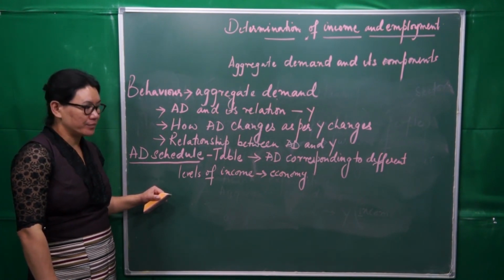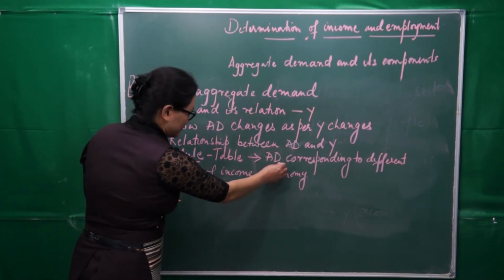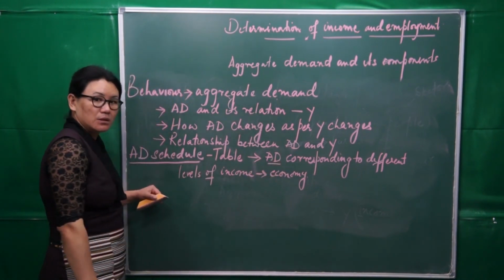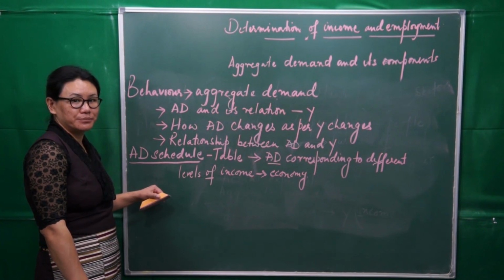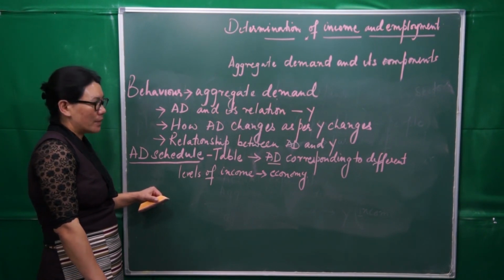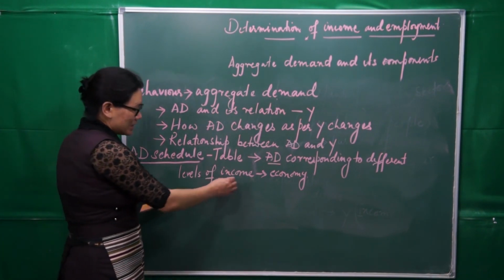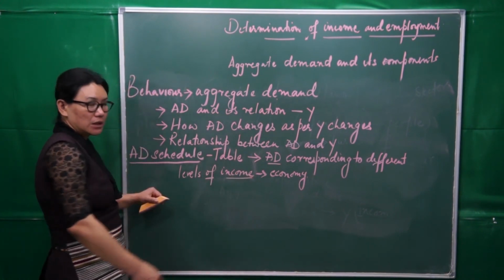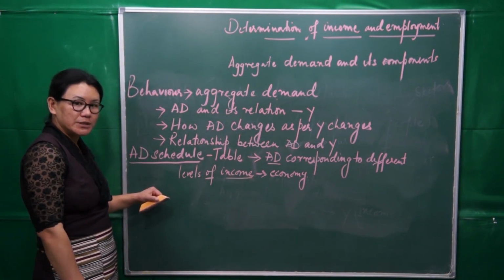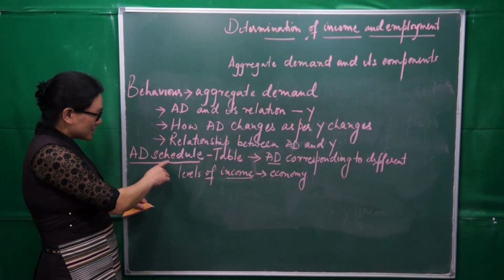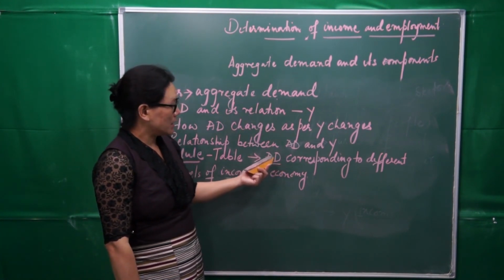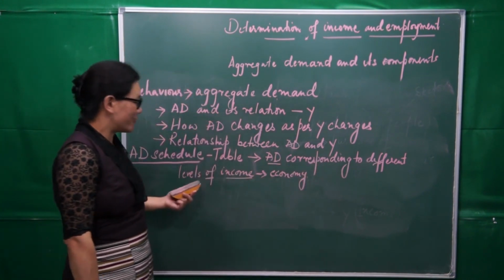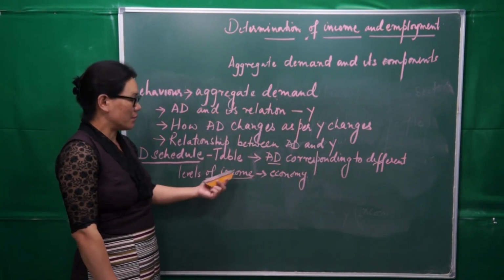All right. So again, through a table, we are going to learn about the relationship between AD and income.